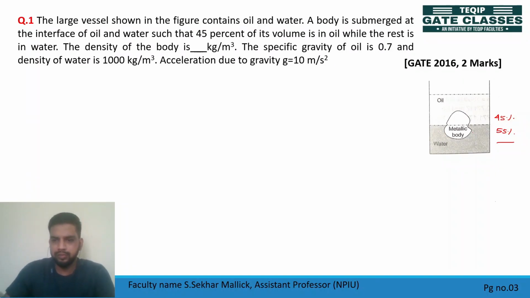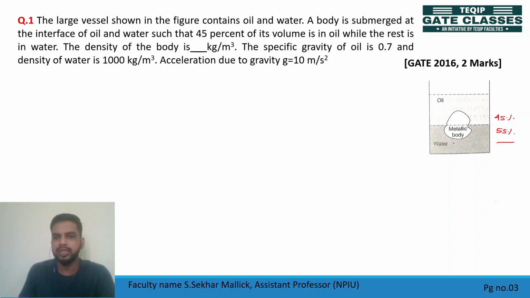So is this a submerged body or a floating body? If you assume oil and water both as your fluid, then definitely it's a submerged body in oil and water. But if you see this interface, 45% is in oil and 55% is in water. That means it is floating. It is floating in oil and water, partially submerged in both.